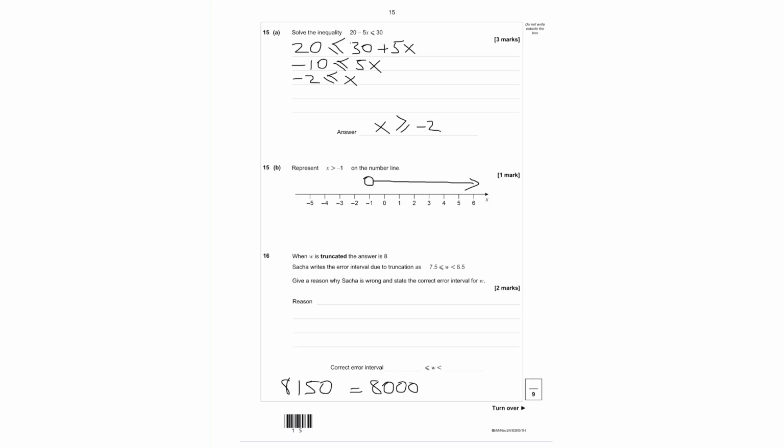So in this case, if we had 8.99999 and we were to truncate it, that would still be equal to 8. If we have anything that begins with 9, then it simply cannot truncate to 8. So in this actual case, the correct error interval is going to be W is equal to or greater than 8 and less than 9.